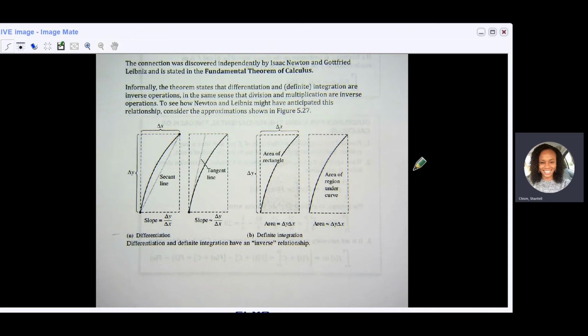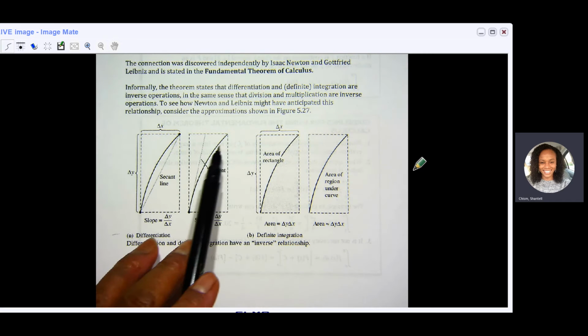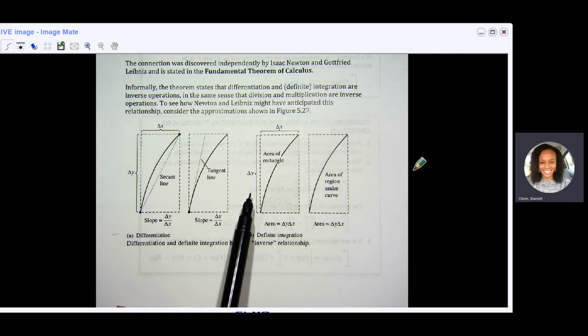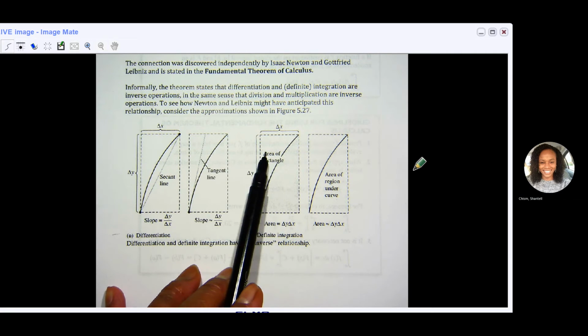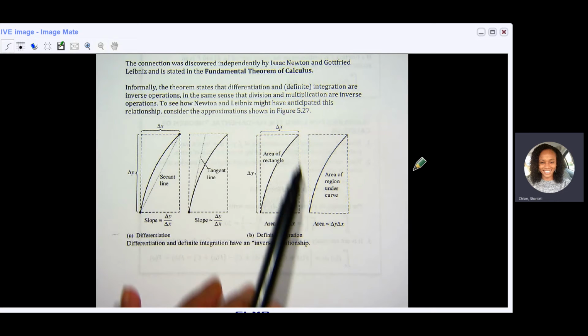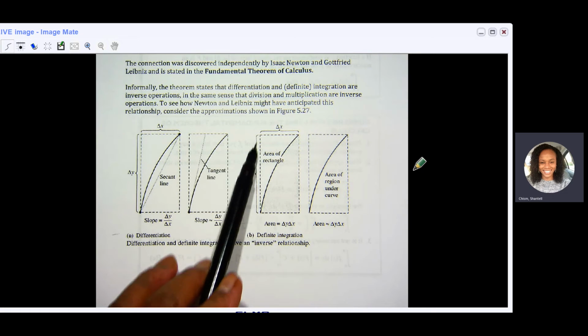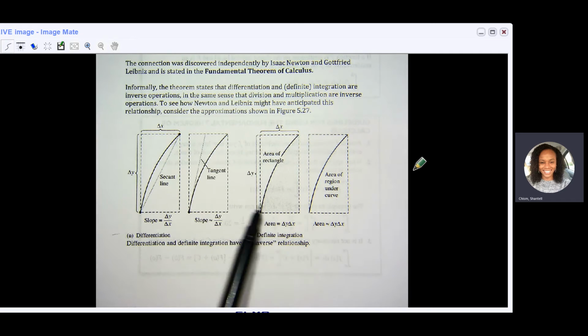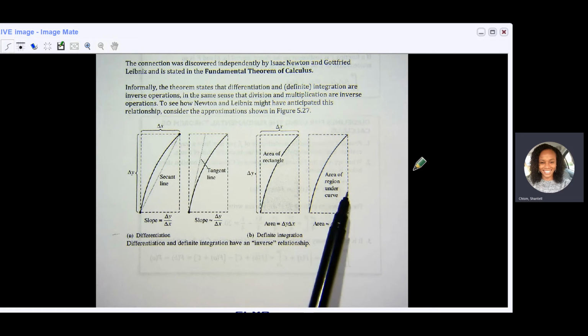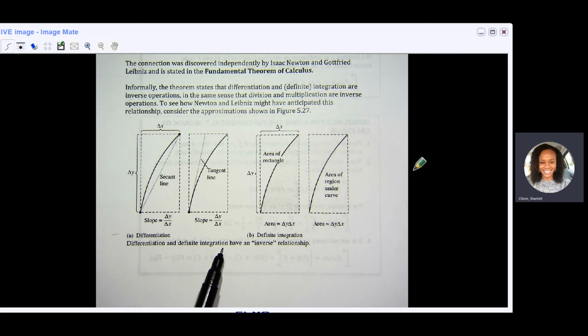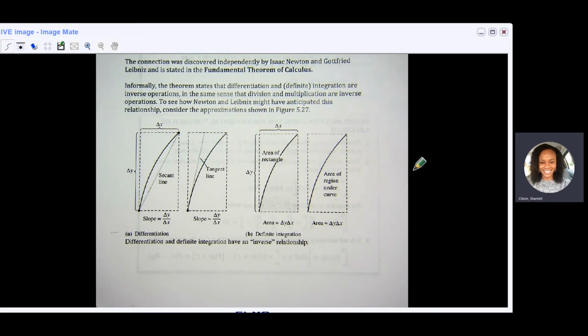Remember, tangent is instantaneous slope because we're looking for the slope of the curve at a single particular point. Then the area of a rectangle is the height times the base, delta y times delta x. And then we use the area of rectangles to approximate the area of regions under curves. So differentiation and definite integration have an inverse relationship.